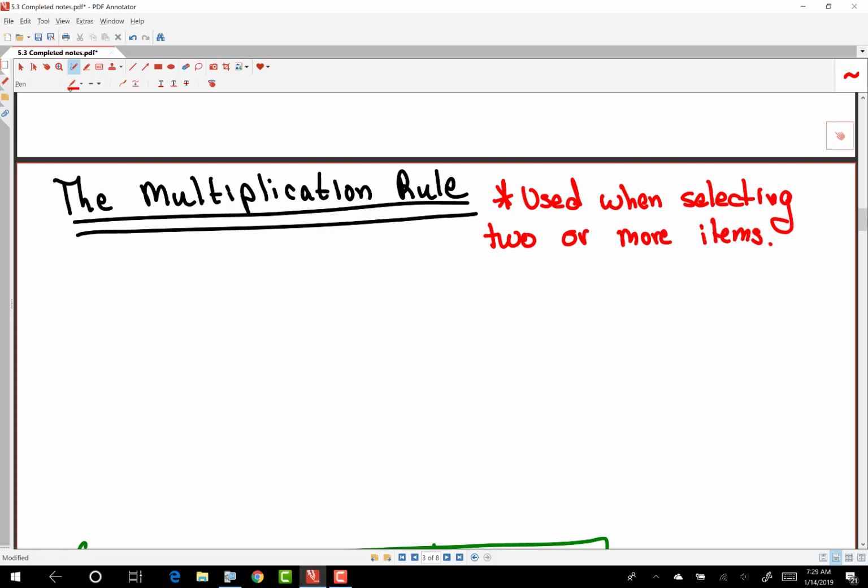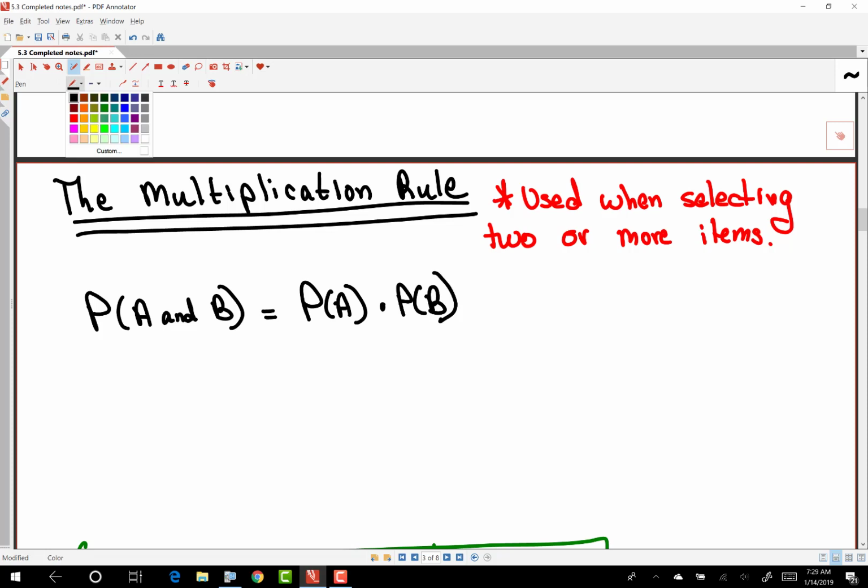And what the multiplication rule says is that the probability of A and B, so these occurring at the same time, is equal to the probability of A times the probability of B. And what you're going to do right here is you need to assume A has occurred.